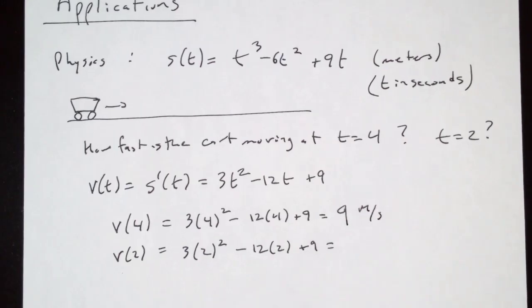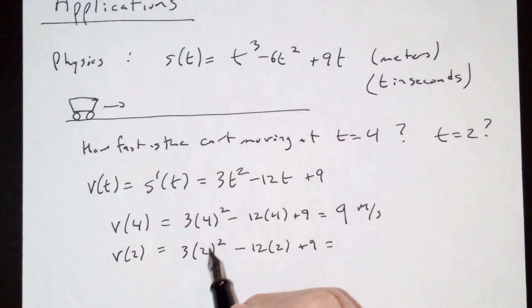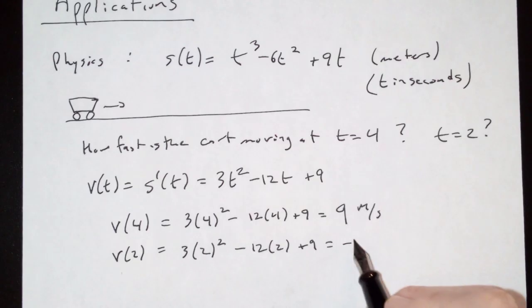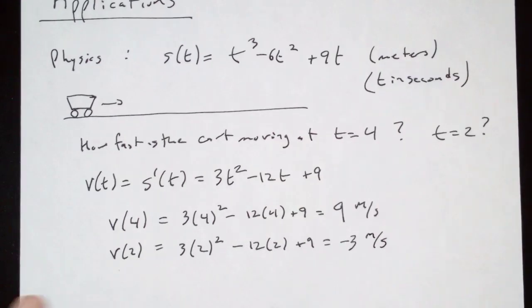At time 2, three times 4 is 12, minus 24, that's negative 12, plus 9 gives me negative 3. Okay, hang on a second.